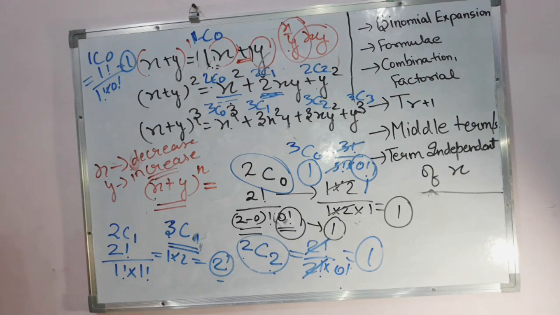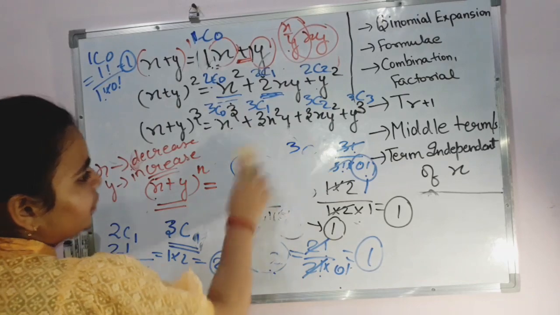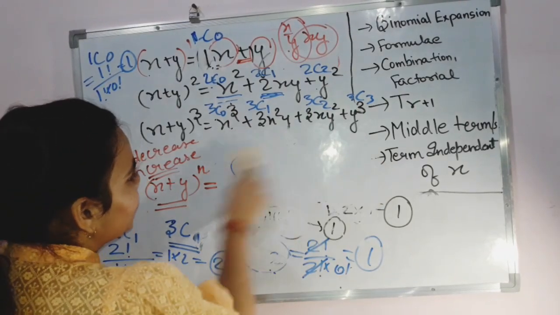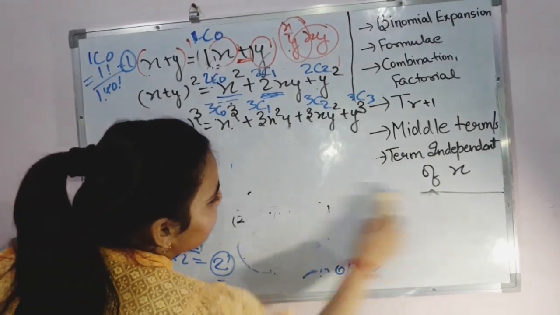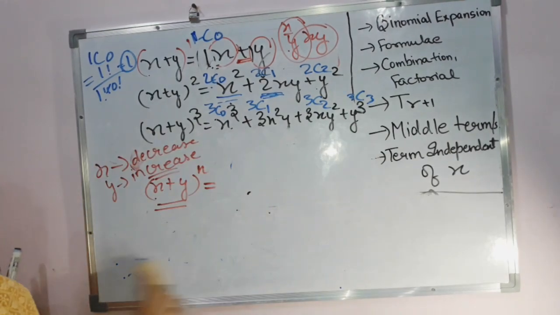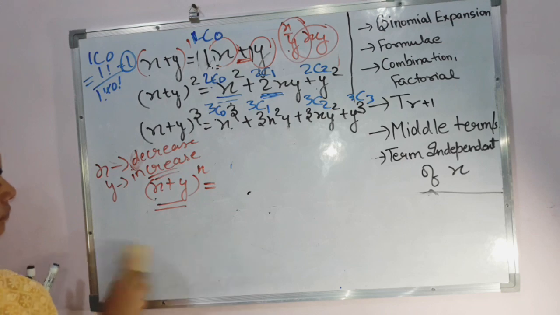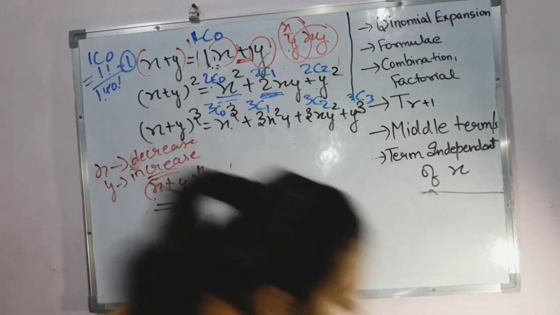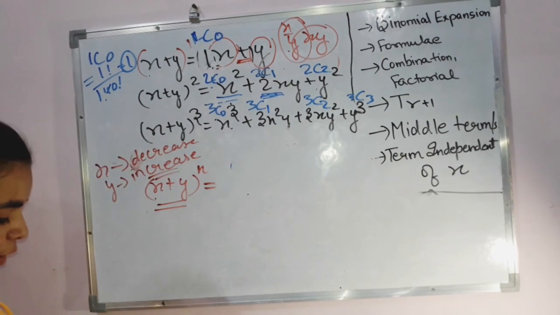Okay. So this is another thing that I have observed from here, that my factorial is going to increase. In my combinations, the lower part, that means the rth term that we were selecting, is going to increase. That means what can be my general formula for it?